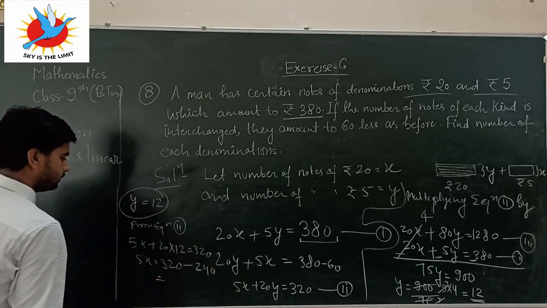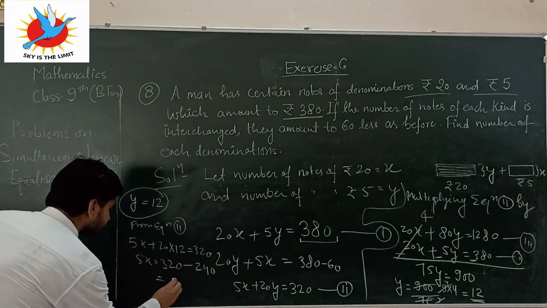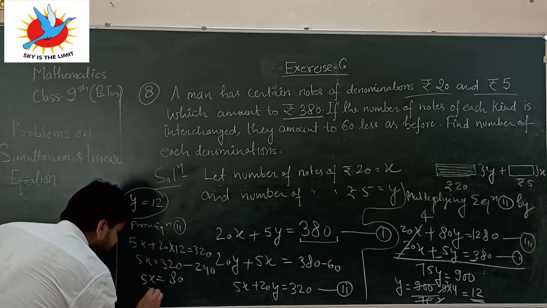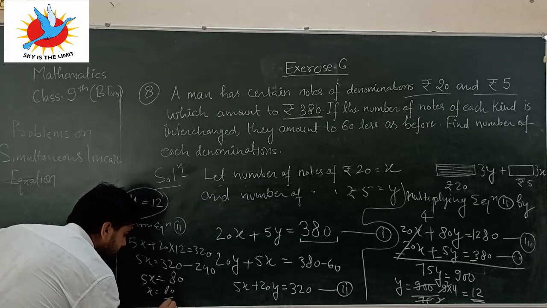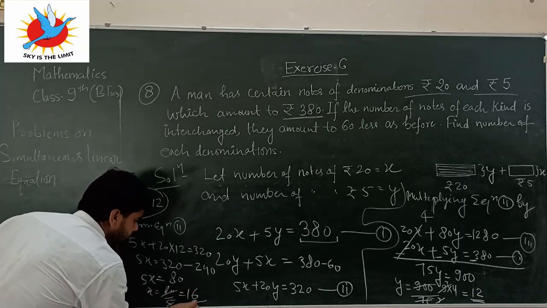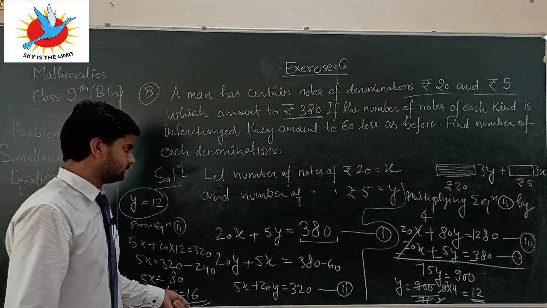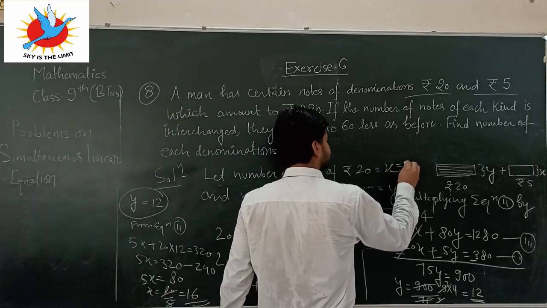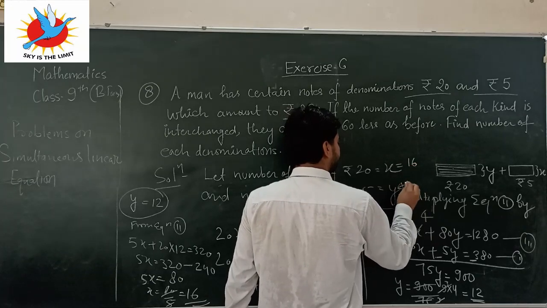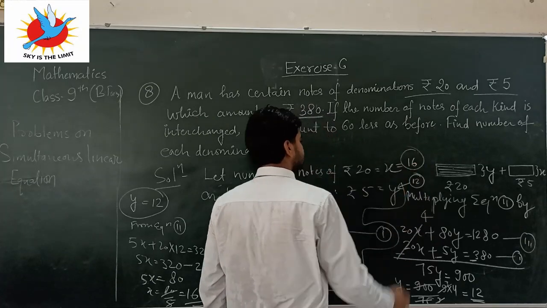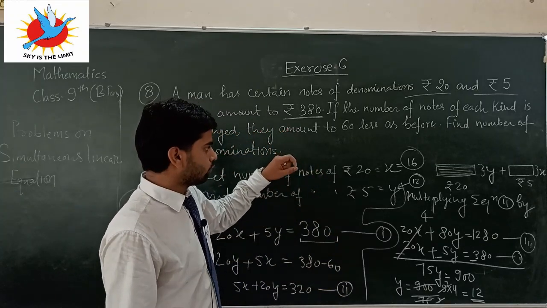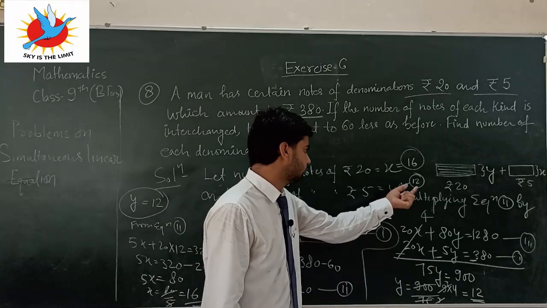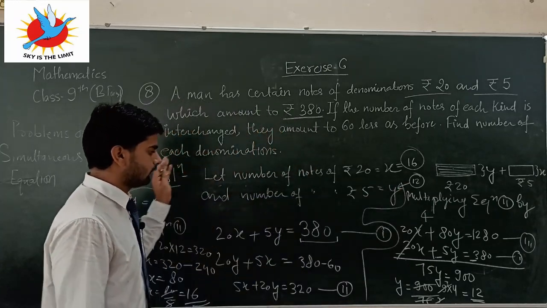So this will be equal to 80. 5x equal to 80, that means x equal to 80 divided by 5, and here we get 16. So the value of x is 16 and the value of y is 12. Number of notes of rupee 20 will be 16, and number of notes of rupee 5 will be 12. So 16 and 12 is the answer of this question.